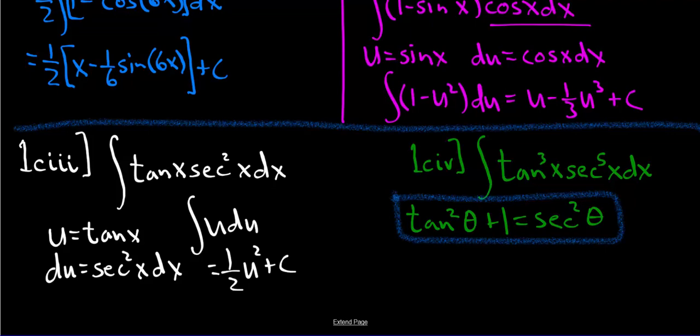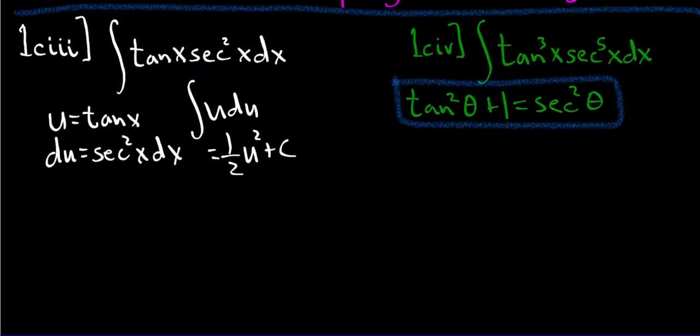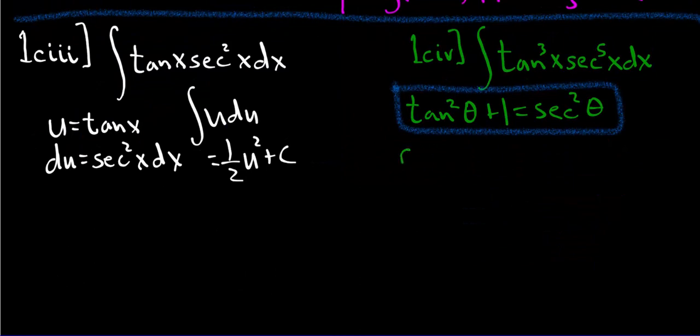Now, that's only part of it. We also remember this, that the derivative of tangent is secant squared, and the derivative of secant is secant tangent. Now, what we want to be able to do, well, let me show you. I think just proceeding, you'll see. What if I do this?